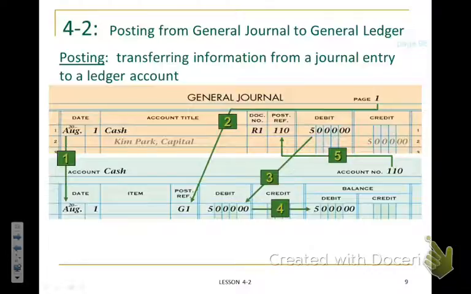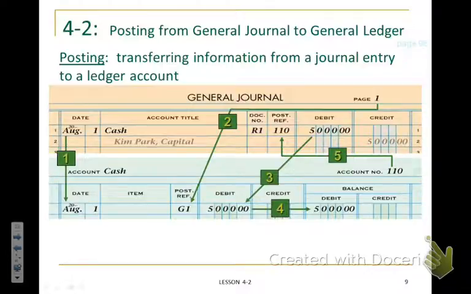So if we're in the cash account and we have a debit of $5,000, the debit's going to come over and bring the balance of the cash account up to $5,000, okay? Then the last step is going to bring this post reference back to the account number 110. You do this step last. Don't make the mistake of doing it and just writing them all in here.